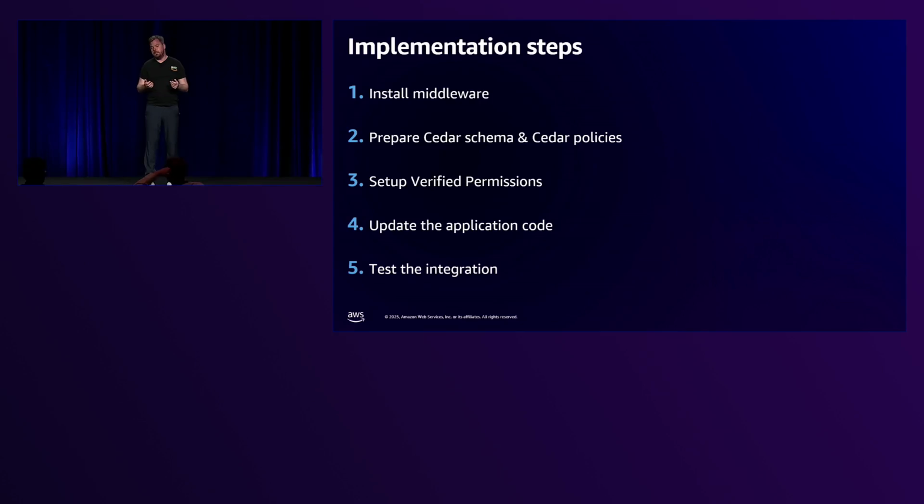We have to create the Cedar policies and schema that Manuel talked about that give you clarity into how to define your policies. We also need to configure Verified Permissions, and integrate this toolkit into our application. Throughout this demo, we'll show you how you can achieve this in just a couple of minutes. And this gives you a good starting point to build on and reintegrate. And as Manuel said, it's very important to start simple in this case.